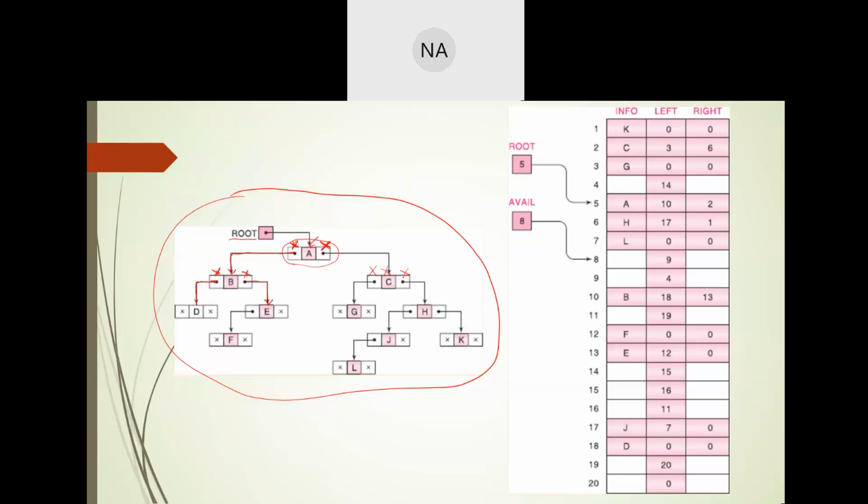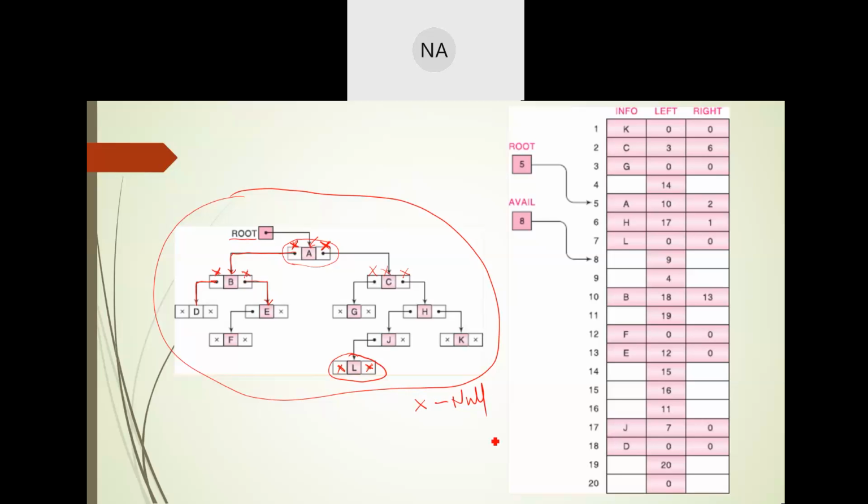A leaf node does not have any left or right child, so you can see that the left and right location of every leaf node is null. Here cross means null.